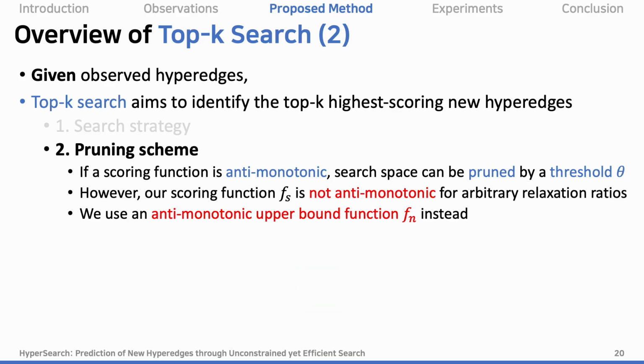Unfortunately, however, our scoring function is not anti-monotone, so we cannot directly prune candidates using a threshold. To address this, we construct an anti-monotone upper bound of the scoring function. This allows us to prune candidates and their supersets when their upper bound falls below the threshold.